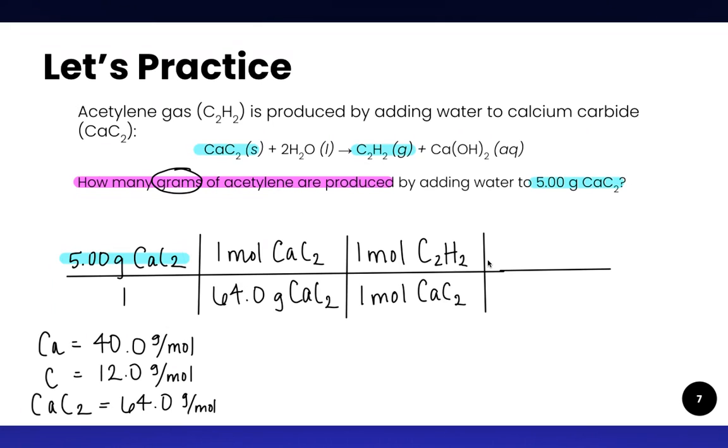We do this by finding the molar mass of acetylene. And I'll just tell you that it is 26.0 grams. So this time, we're going to put the unit we want on the top so that the unit currently on the top cancels. So we're going to put 26 on the top this time.